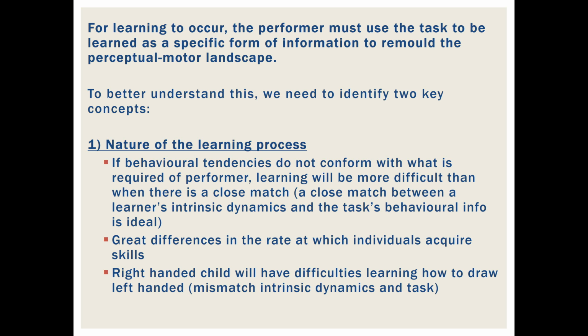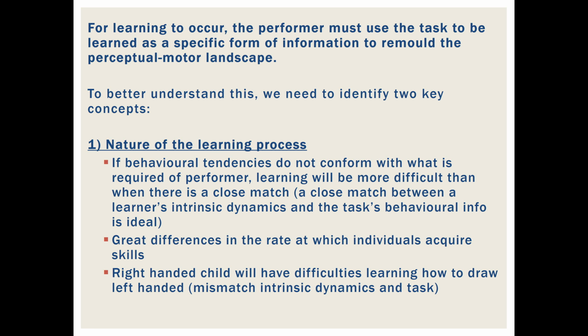But to understand that, we need to talk about 2 major concepts. When someone is learning using the constraints-led approach, it's going to be very important that the intrinsic dynamics of the person really match the task dynamics.